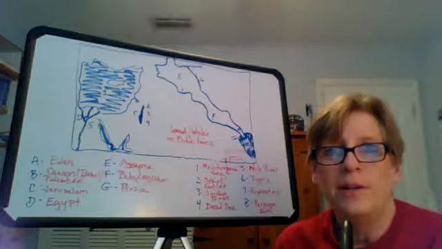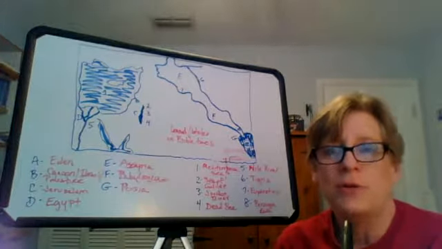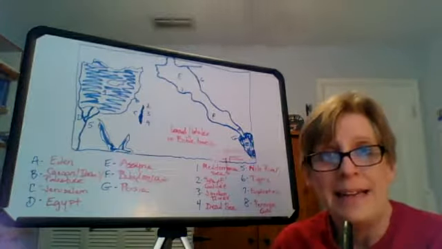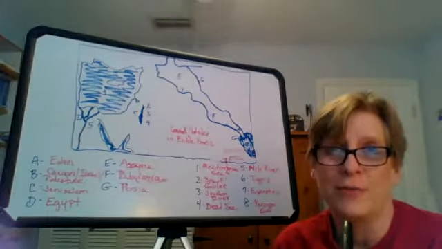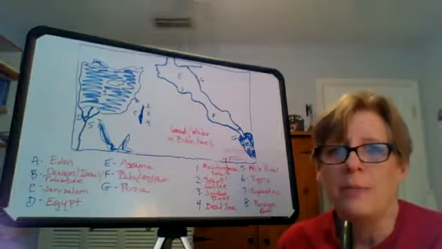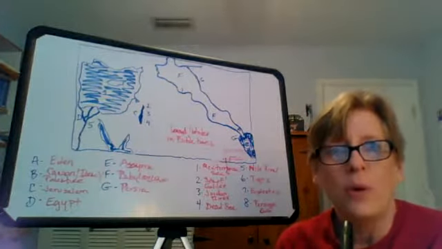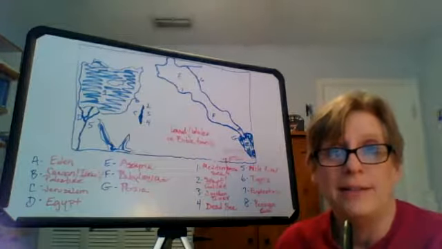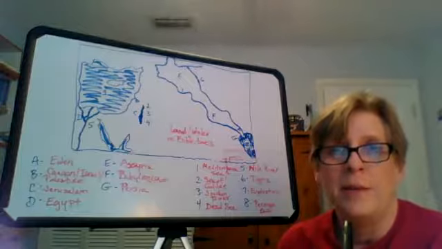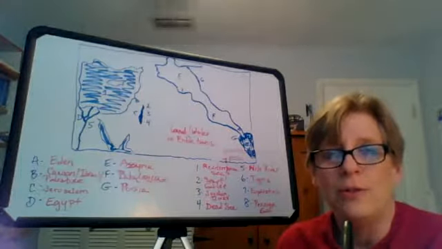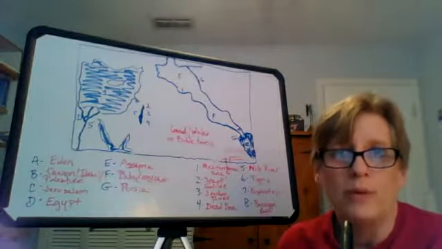We are going to dive into session number 2 of 30 Days to Understanding the Bible. And today we are looking at geography. When looking at the Bible and how it's made up, one of the things that's important is that we understand the land and the sea, because the geography of where these things took place is important.